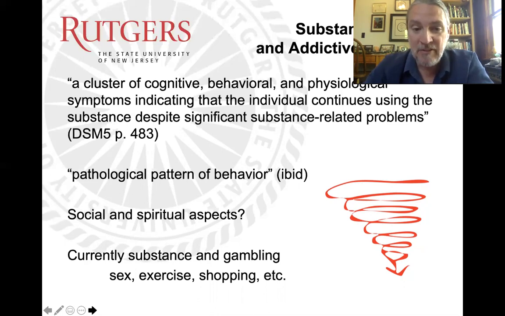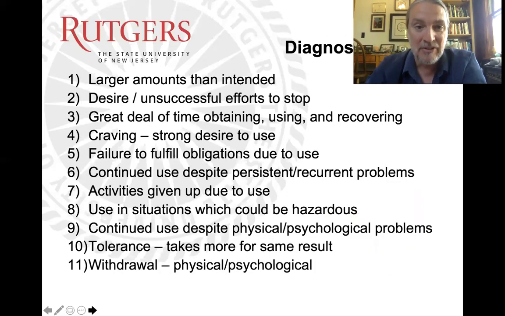The other piece of this is that it is a pattern of behavior. So it's not something that just happens. Actually, my favorite definition of addiction is from a substance abuse counselor who said, is it hurting you and are you still doing it? If the answer to both those questions is yes, then you may have at least a mild addiction on your hands.